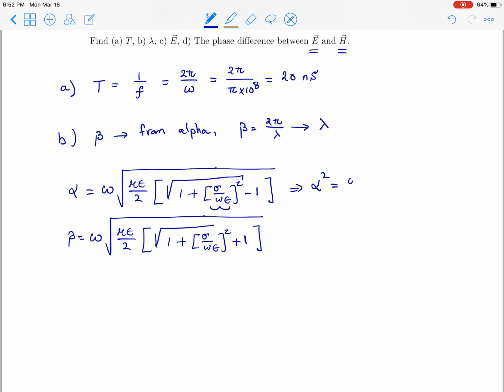So if I square alpha, I will get rid of the big square here.